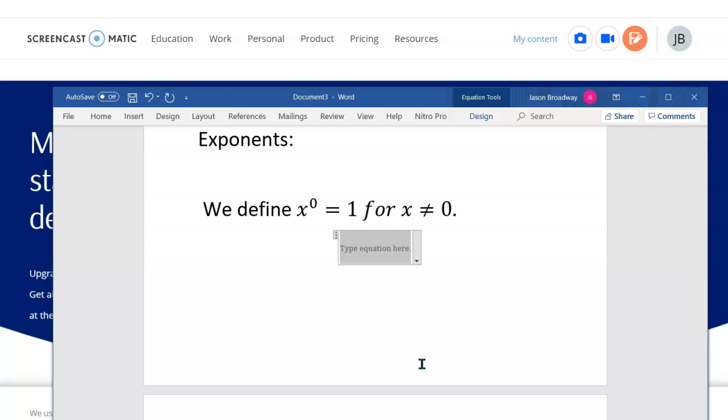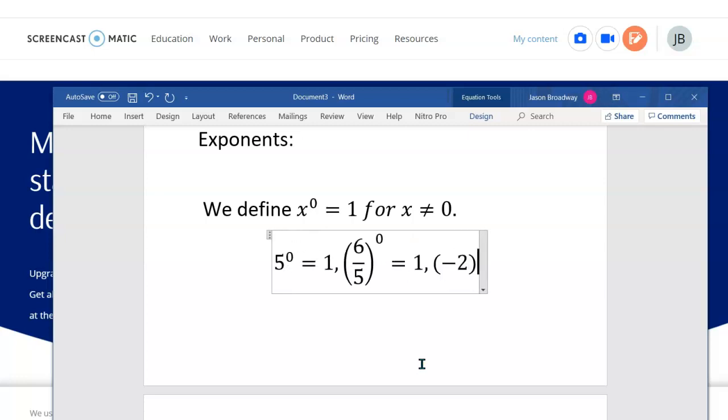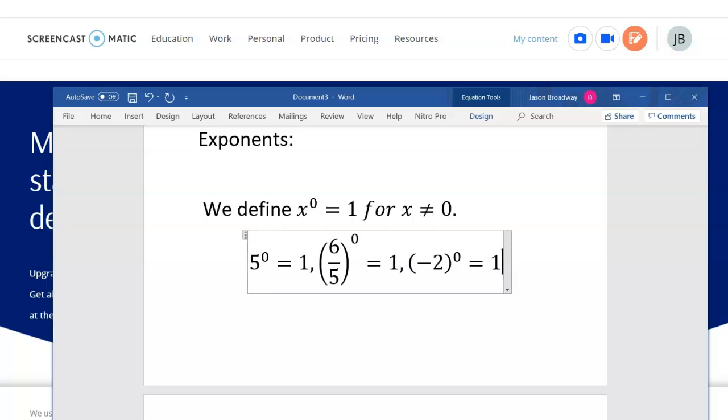For example, if you have 5 to the 0, you'll get 1. If you have 6/5 to the 0 power, you'll get 1. If you have negative 2, you have to use parentheses with negatives. If you power it at all, you need the parentheses, but you'll get 1.